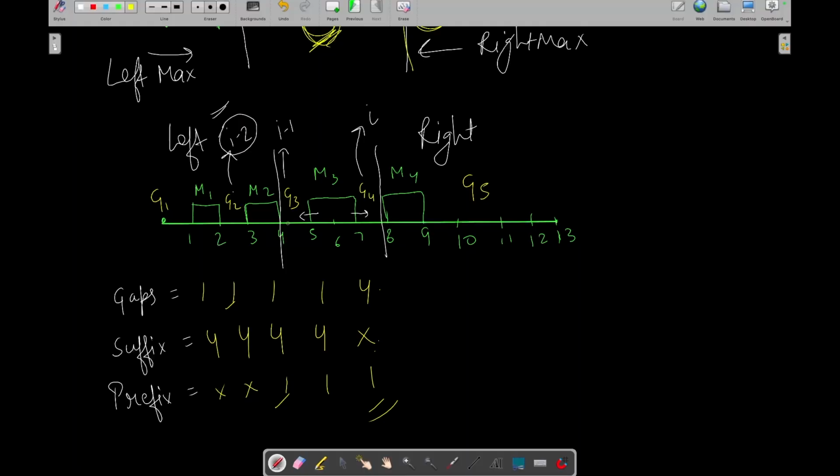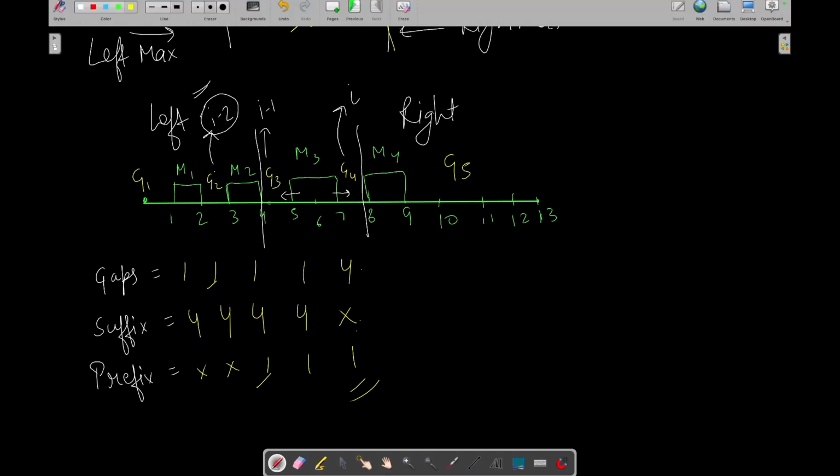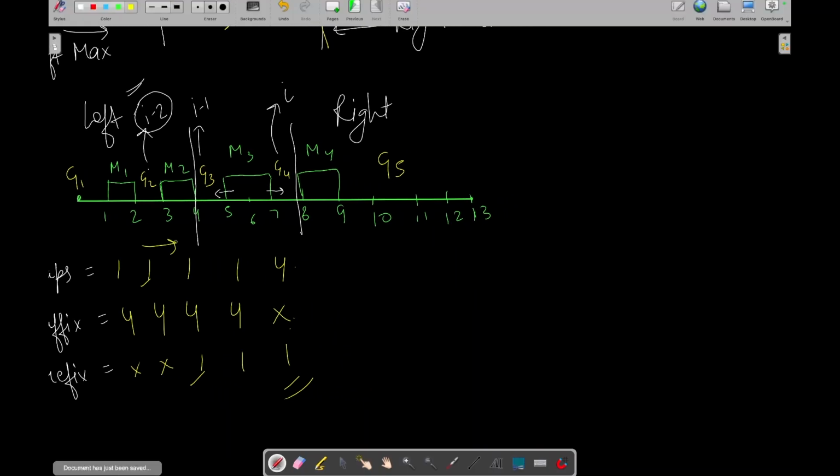Now what we need to do is simply iterate on our gaps array. We need to check for its left max and right max.